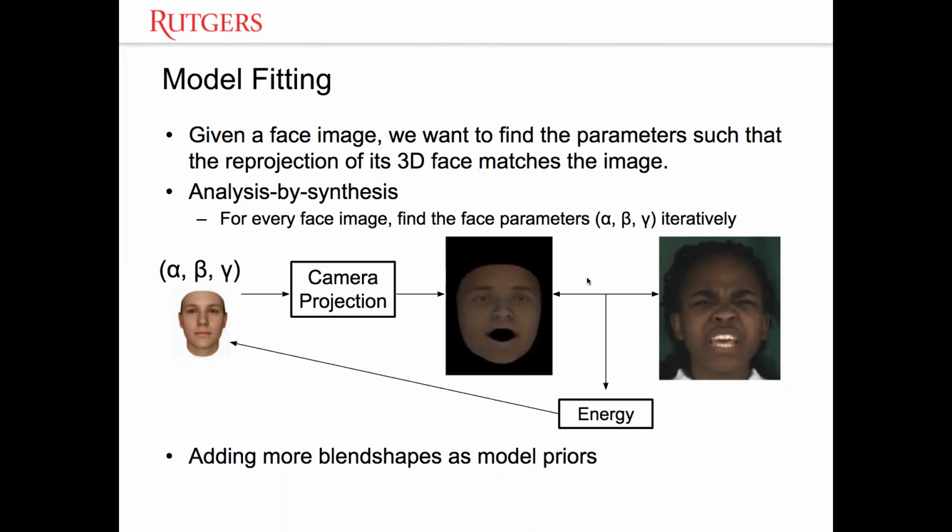We call this an analysis by synthesis process. In order to find the parameters, we first synthesize something and analyze it, get the difference between what we synthesized and the ground truth. We get the feedback and back propagate to change the parameters.